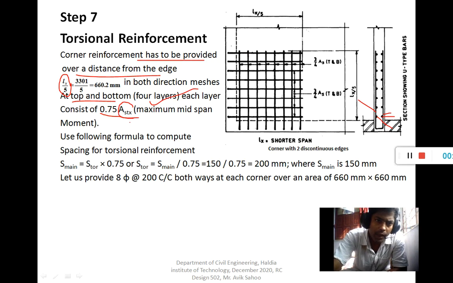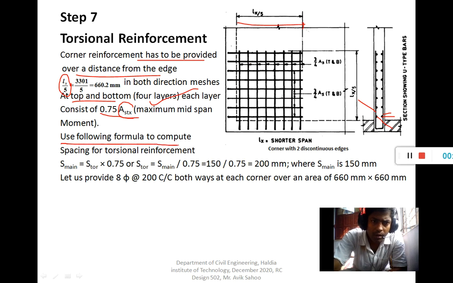So 0.75 times Astx is the reinforcement we apply in each layer, 4 layers are used, and the distance is Lx by 5, which is measured from the edge. So this distance is Lx by 5, and this is meshed in both directions.